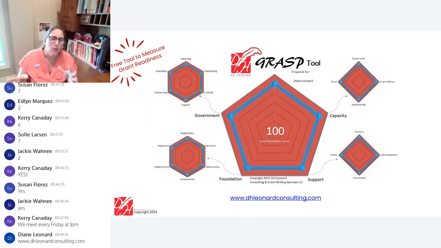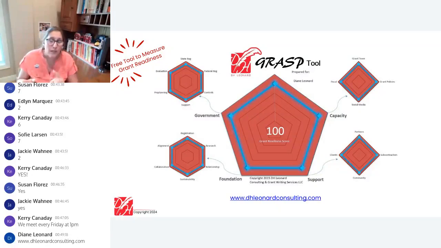But what we're encouraging you to think about, if you're looking for federal funding, is getting a score of 75 or higher. That is what years' worth of data collection and a published article in the Grant Professionals Association Journal show is what we see for groups that are ready for federal grants.